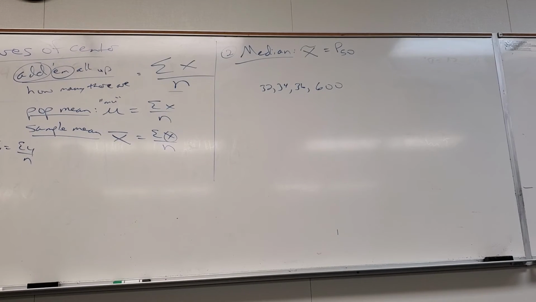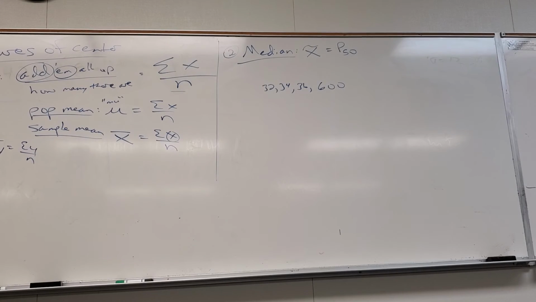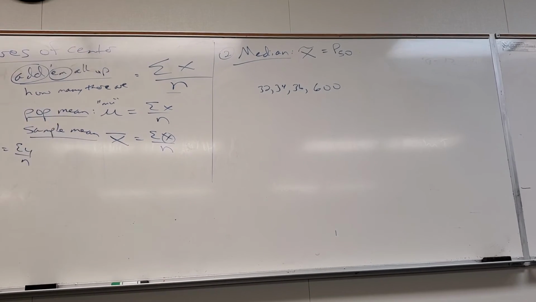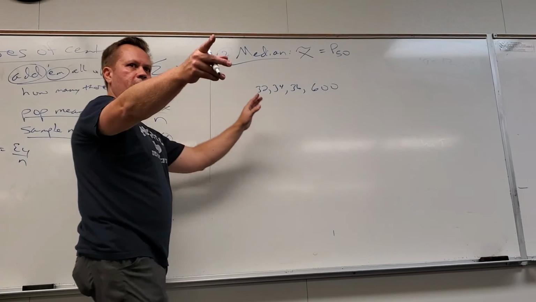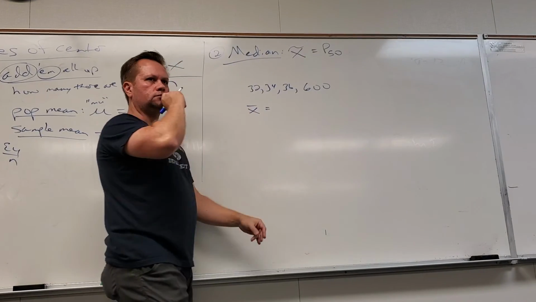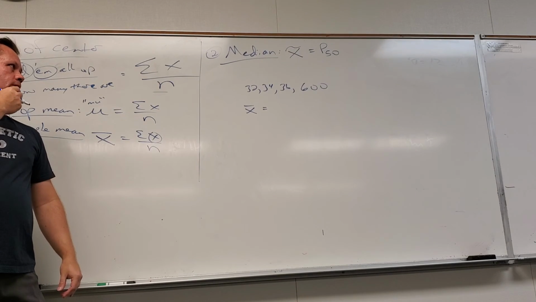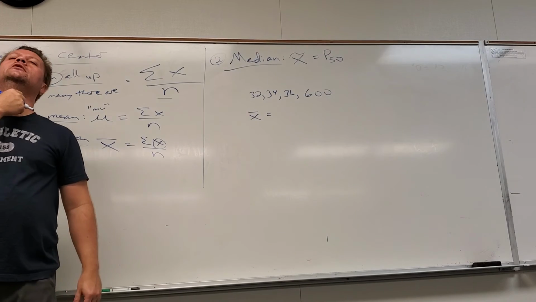And a new employee is coming in, and he asks, how much can I expect to make here? And I tell him the average salary. What's the average of these? Can somebody help me do that? Divide by 4.